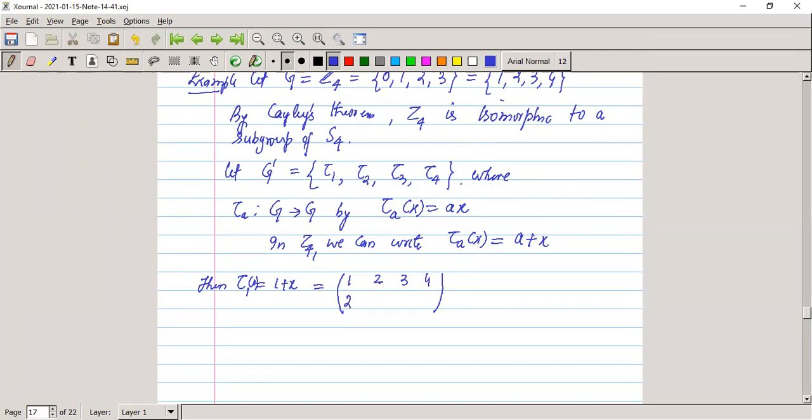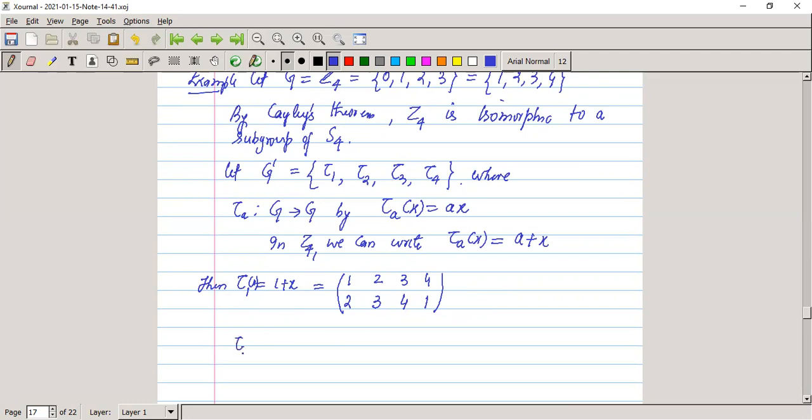Tau 1 of 2 is 1 plus 2, that is 3. Tau 1 of 3 is 1 plus 3, that is 4. And tau 1 of 4 is 1 plus 4, that is 5, but when 5 is divided by 4, we get the remainder 1. So therefore, this is tau 1 of x.